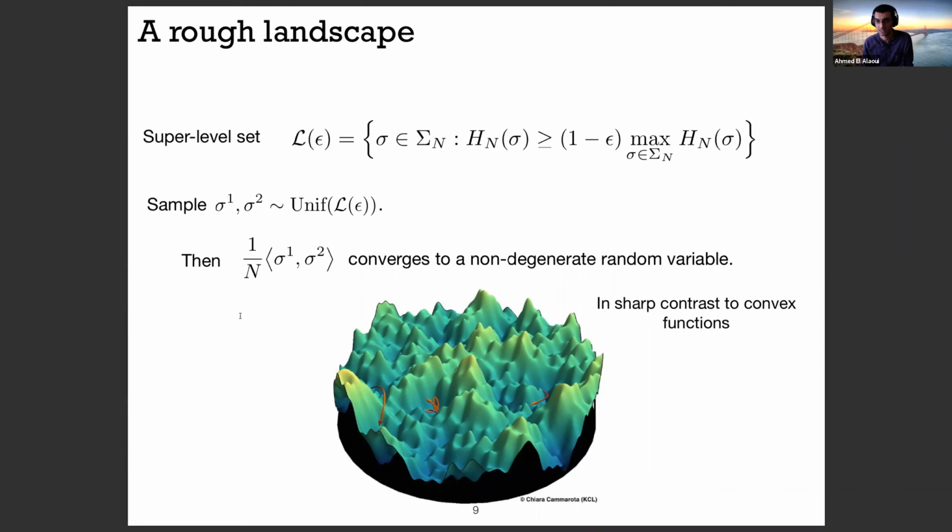If you think of a concave function, because we're maximizing, these superlevel sets will be convex for all values of epsilon. And if you take two samples from a convex set in high dimension, their inner product has to concentrate. This is by convexity, by the Brunn-Minkowski theorem. So the fact that this random variable doesn't converge to anything deterministic is another measure of how far from convex this problem is. The landscape is extremely rough.